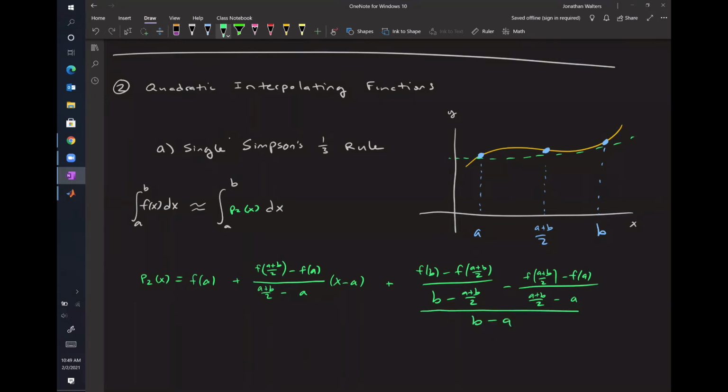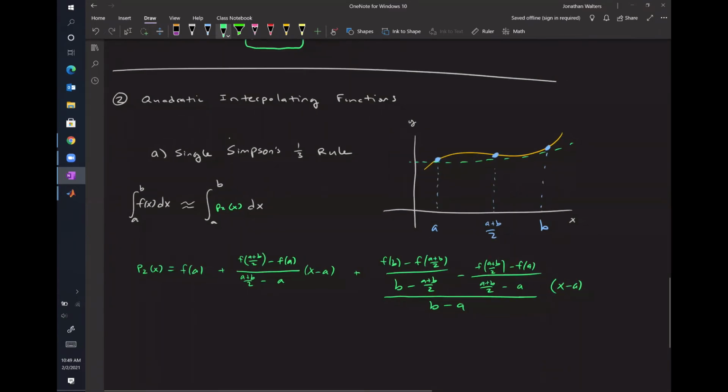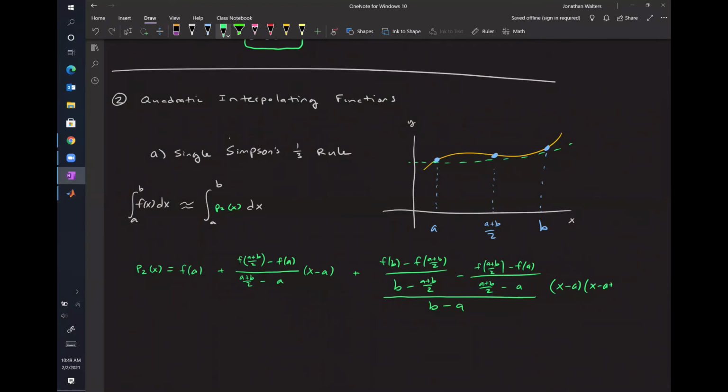So basically just using that Newton's divided difference from last time times x minus a plus b over 2.